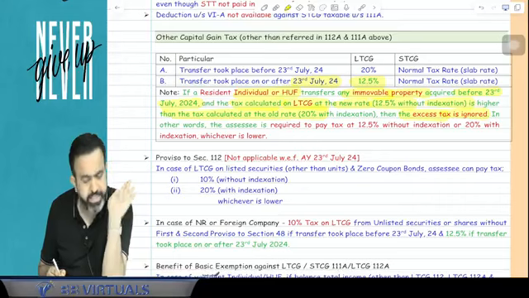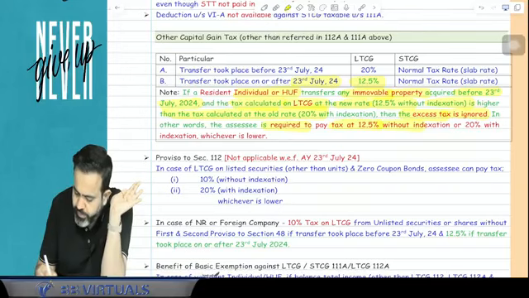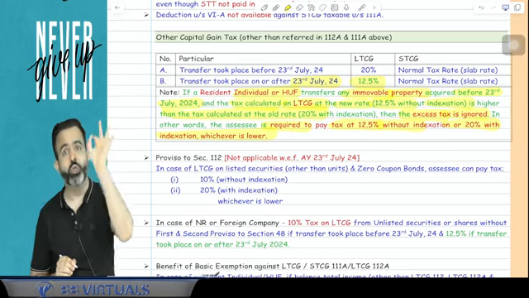In simple words, the assessee is required to pay tax at the rate of 12.5% without indexation or 20% with indexation, whichever is lower.